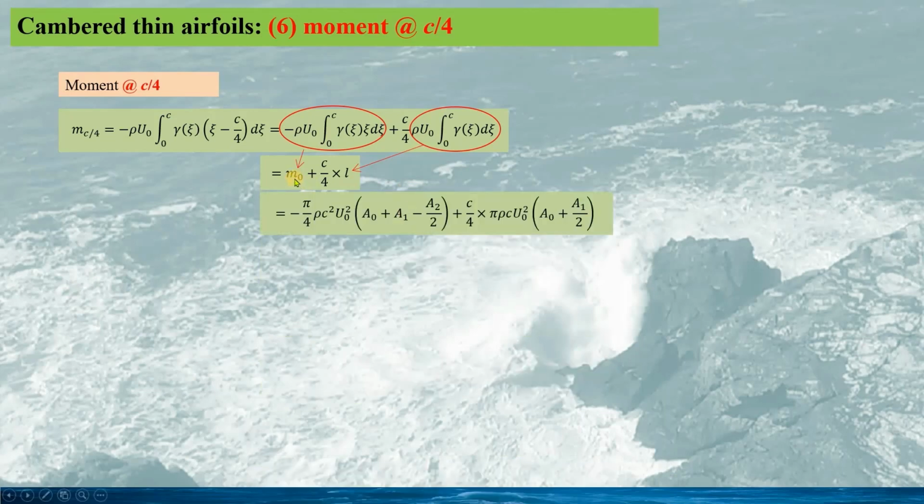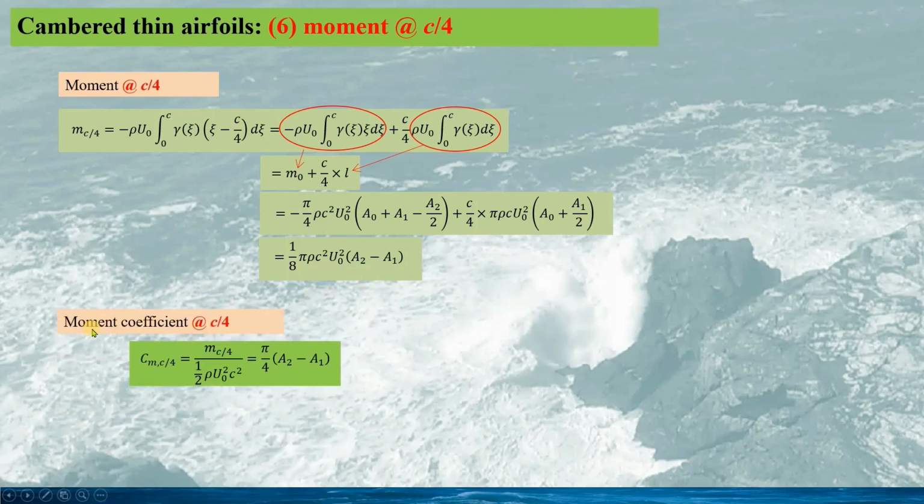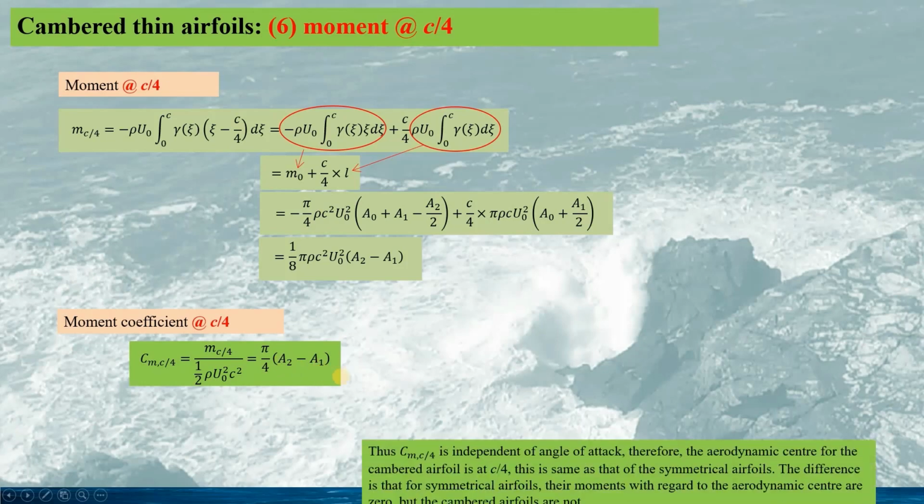So if we substitute the M0 and the L into the expression, we finally have this expression. And we can now calculate the moment coefficient Cm,c/4 given by this. And we can see this moment coefficient is only dependent on A2 and A1.